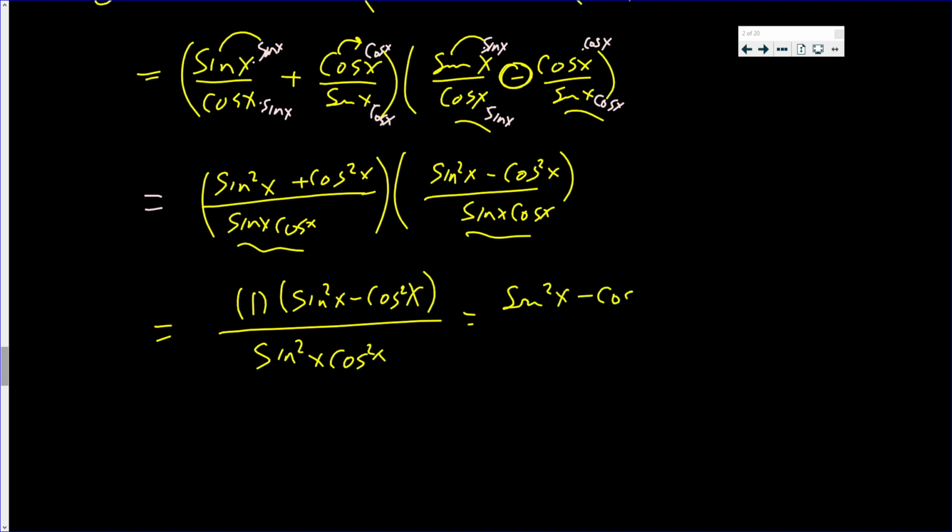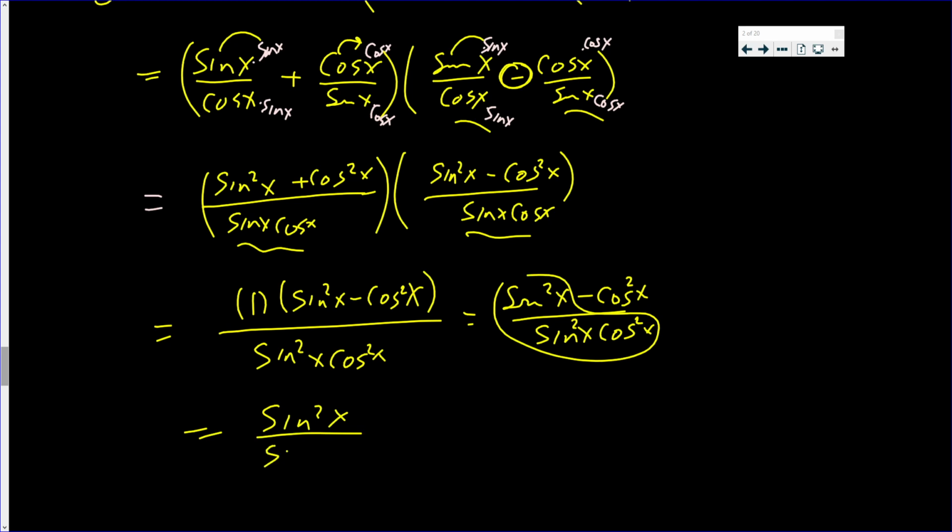You get this minus that over sine squared x cosine squared x. Now, I would divide those two first: sine squared x over sine squared x cosine squared x, minus, then I subtract the other fraction.